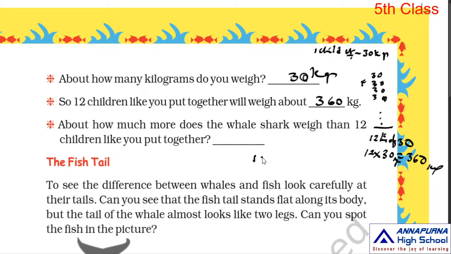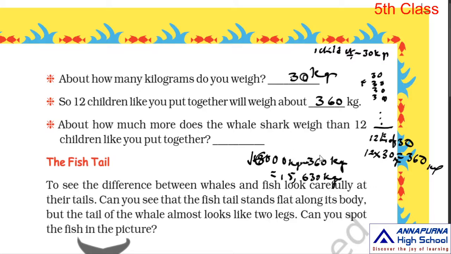The weight of the whale shark is, I think 16, say 16, sorry, 16,000 kgs minus 360 kgs. Which is equal to how much? 15,630 kilograms.